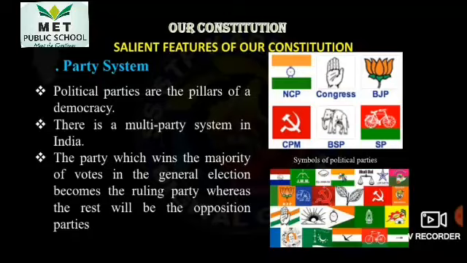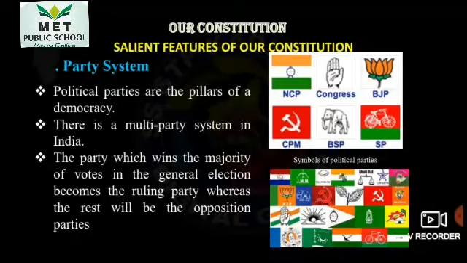Next, about the party system. Political parties are the pillars of democracy. We have the democratic form of government. In democracy, political parties are the pillars of democracy. There is a multi-party system in India. Many parties are there in India.